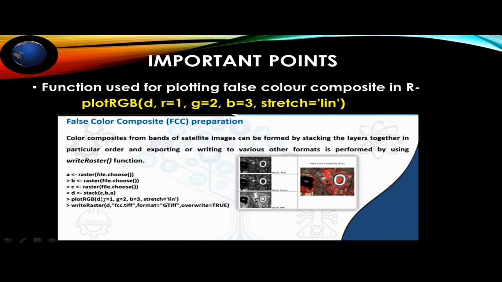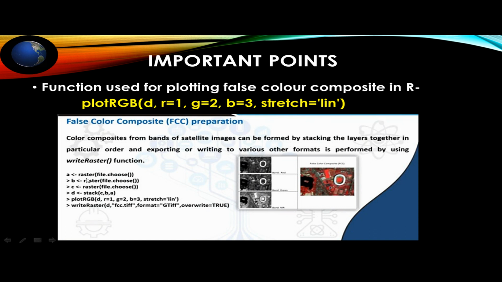So you have to stack, like I did the virtual raster stacking in my QGIS, going to Raster, Miscellaneous, Virtual Raster. Similarly in R, you just have to type one line of code. D means the final image will be the stack of C, B, A.